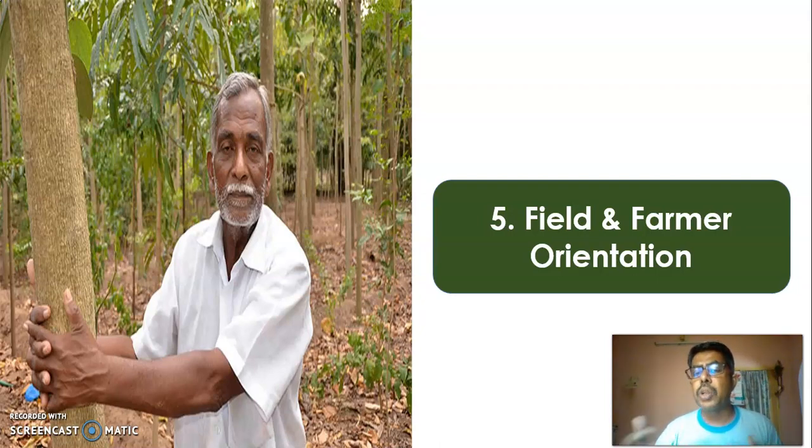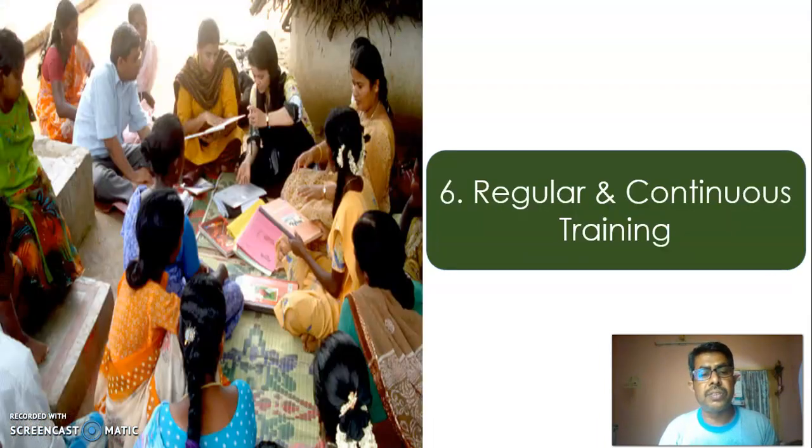They exchange ideas, practices, and experiences between the extension workers and the farmers. This will be a huge input for the research. That's why field and farmer orientation is another important feature of the training and visit system.